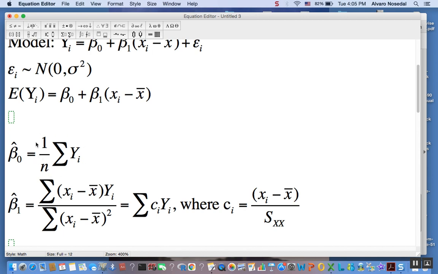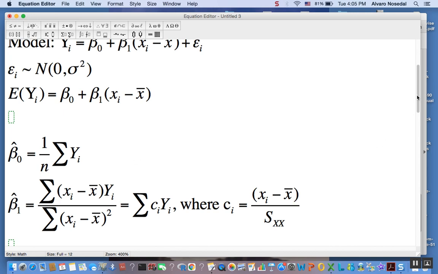So we would have 1 over n square times the variance of the sum of yi's. And these yi's are independent, so the variance of a sum of independent random variables is the sum of variances. So we have n times sigma square divided by n square. We end up with only sigma square divided by n.